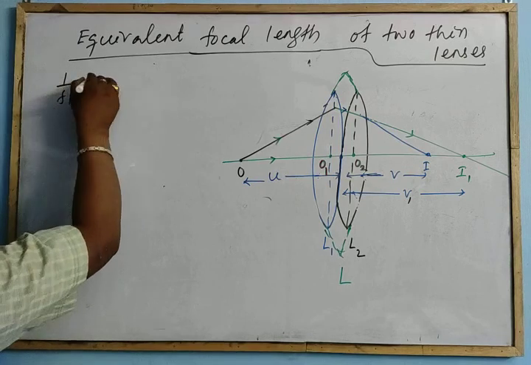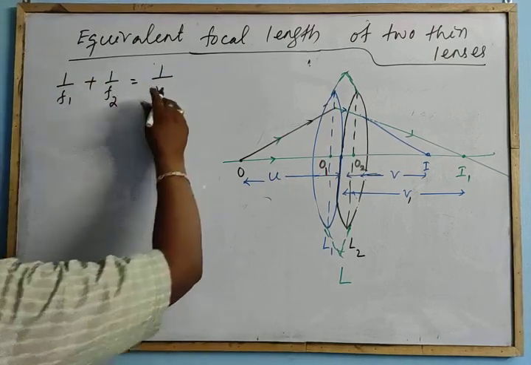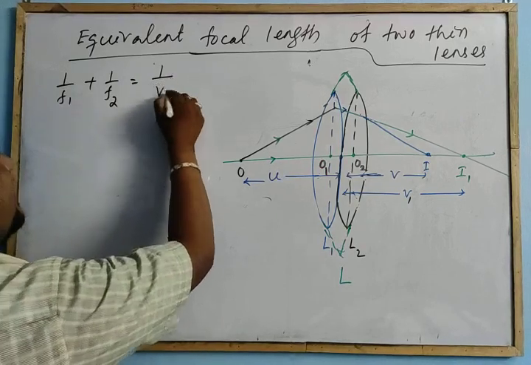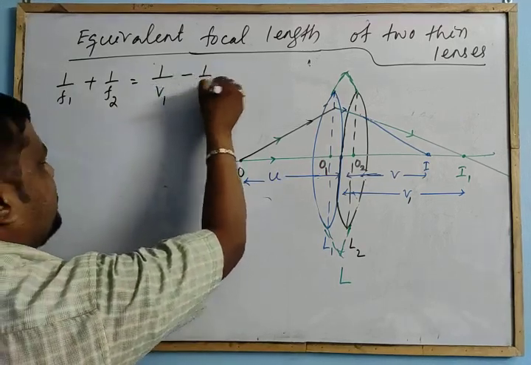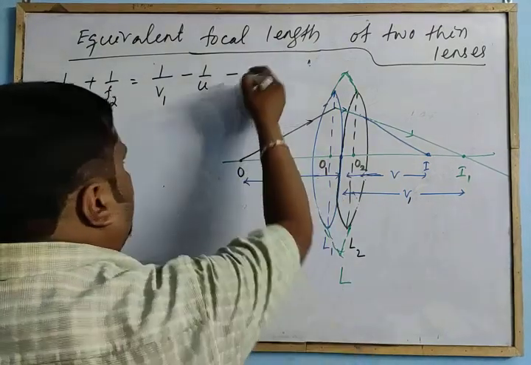1 by f1 plus 1 by f2. 1 by f1 is equal to what? 1 by v1 minus 1 by u. And 1 by f2 is what? What is the formula for 1 by f2?